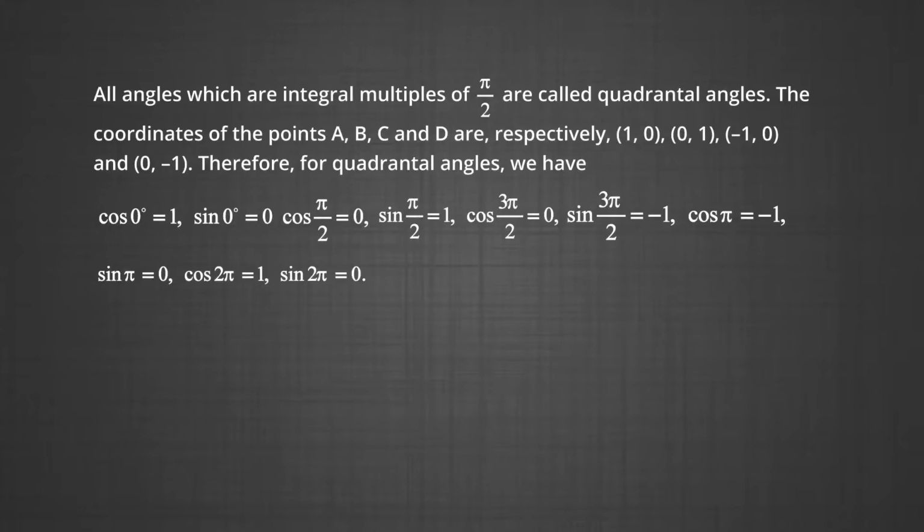Now, the coordinates of the points A, B, C and D are respectively (1, 0), (0, 1), (minus 1, 0) and (0, minus 1).